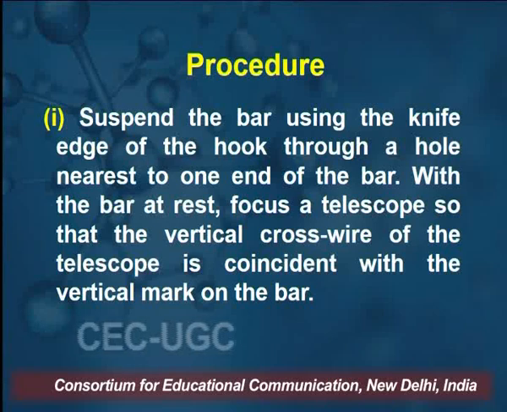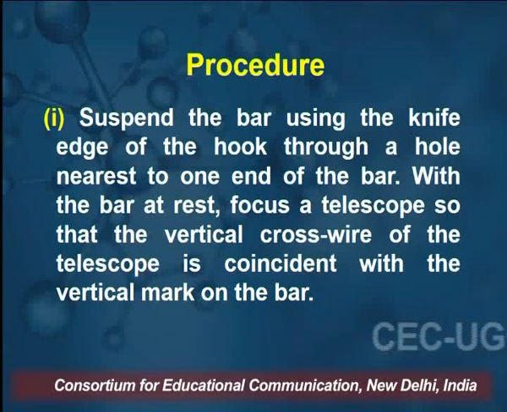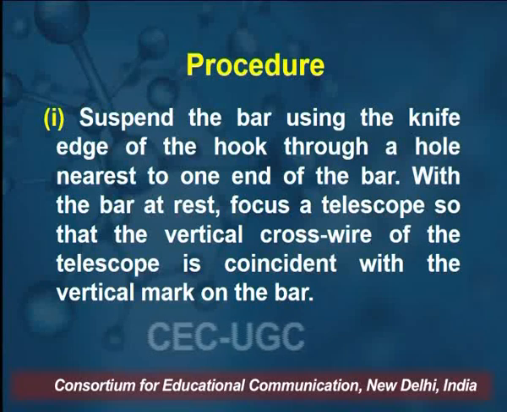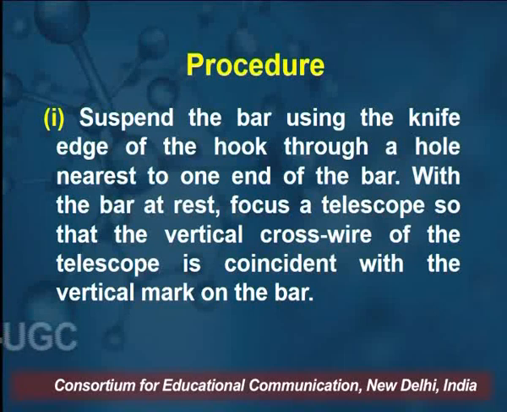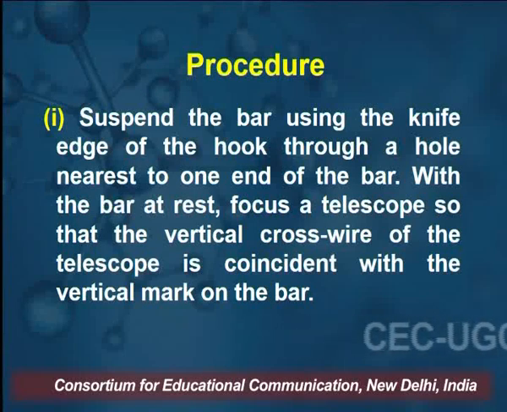The middle one, the 10th one, is the center of gravity. From the center we calculate the last hole, that is, the first and the last hole of the bar pendulum. So first we put the edge in the first hole of the bar pendulum.